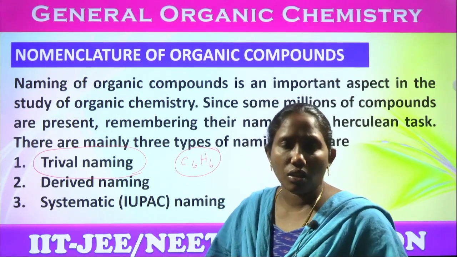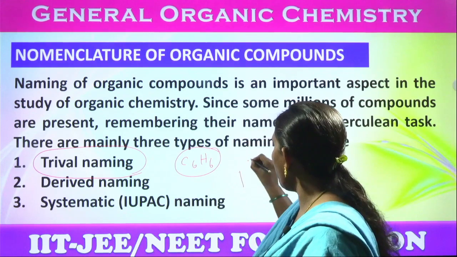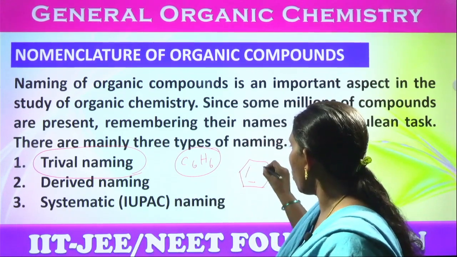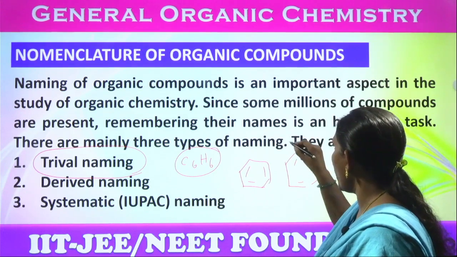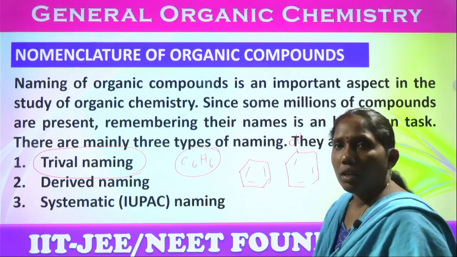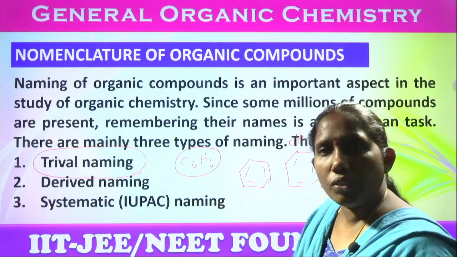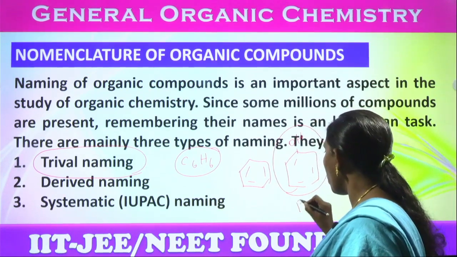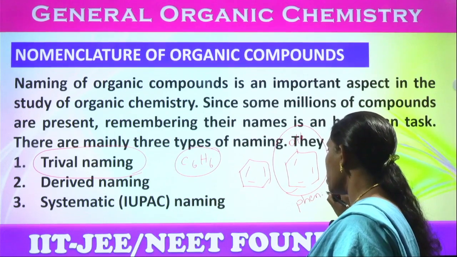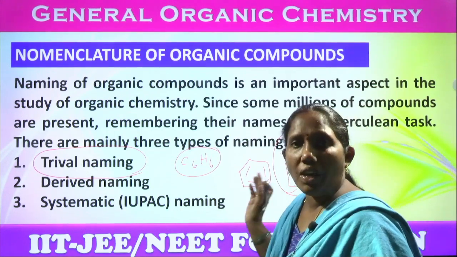If you take the benzene ring like that, we will always call it benzene. And we have one more organic compound, with OH. This is called phenol. We could call it hydroxybenzene, but we will call it phenol only. We will see this throughout organic chemistry because it is famous with this trivial name.